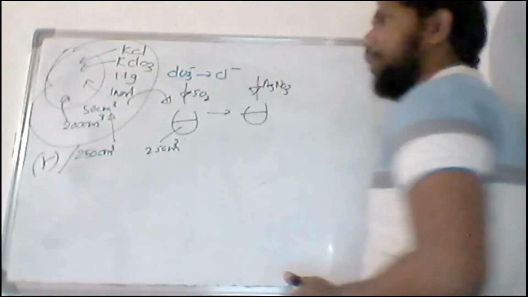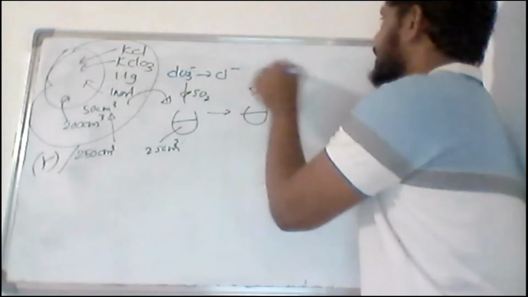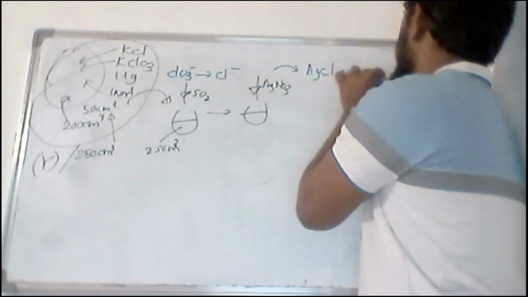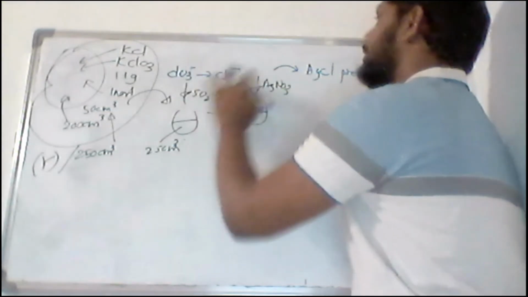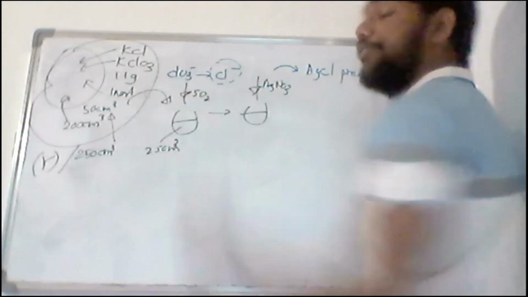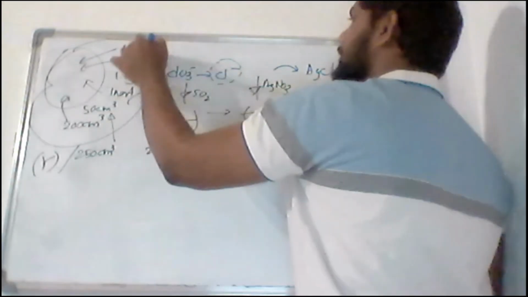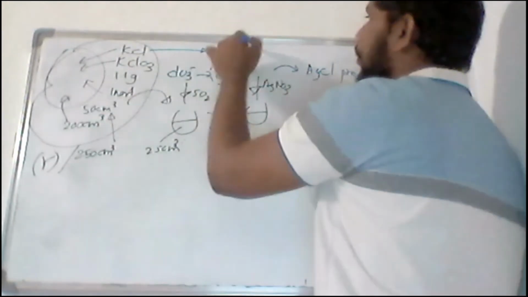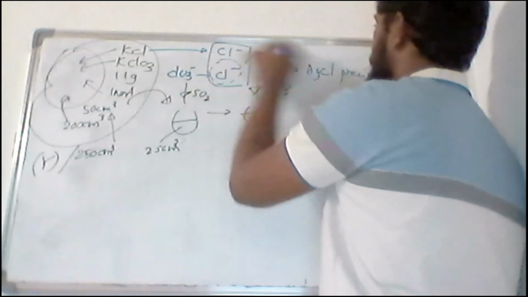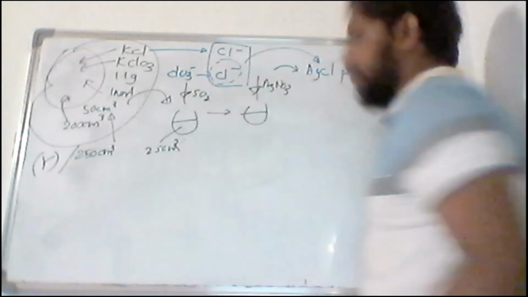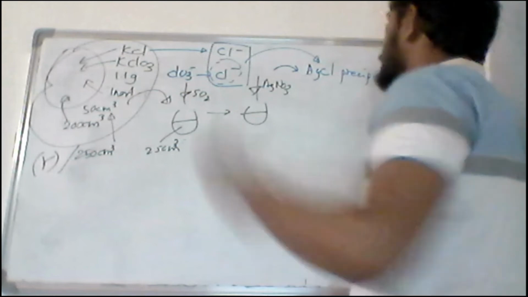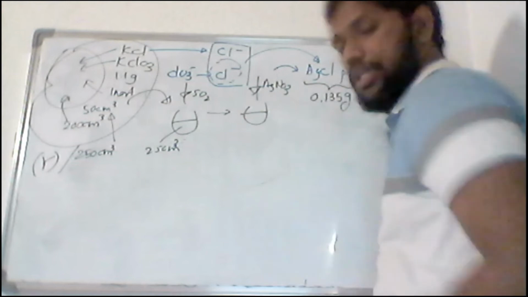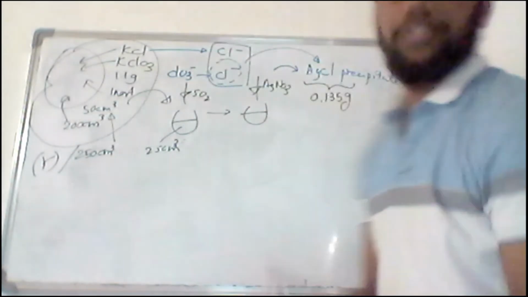So you know what is going to happen here. There will be AgCl precipitate. Okay, Cl minus in this solution, that is from ClO3, as well as Cl minus from already present KCl, all will be precipitated as AgCl when combining with Ag plus. And they have found when you dry it, the mass was 0.135. Yeah, it was 0.135.